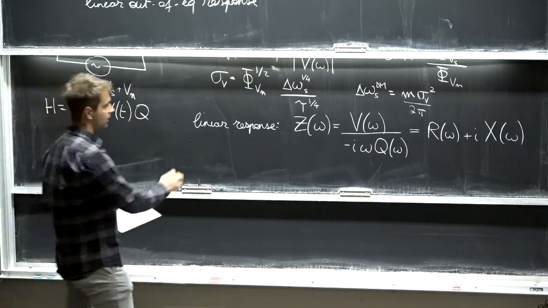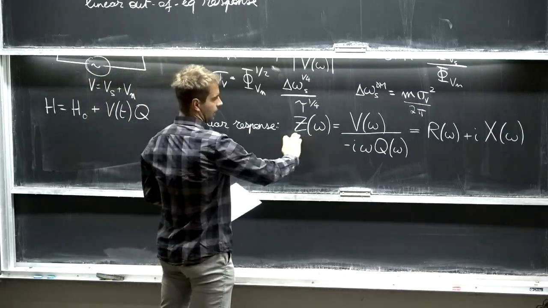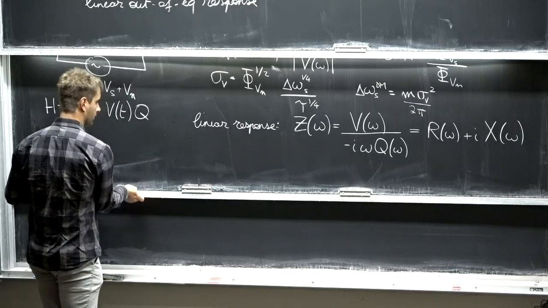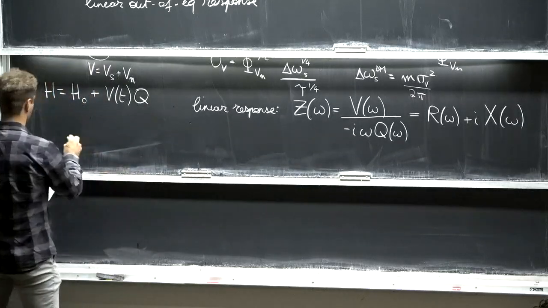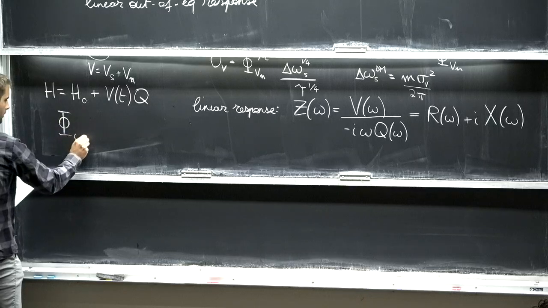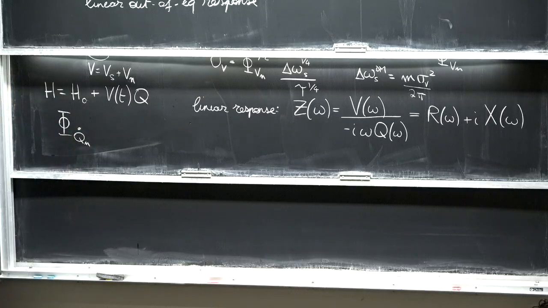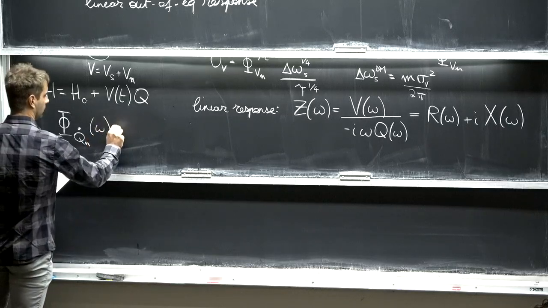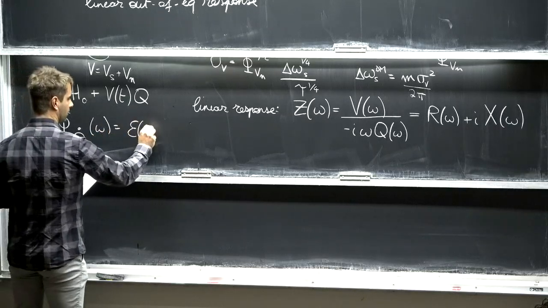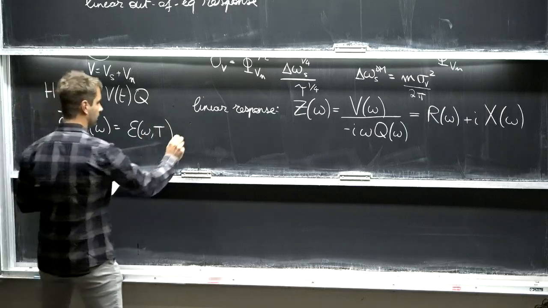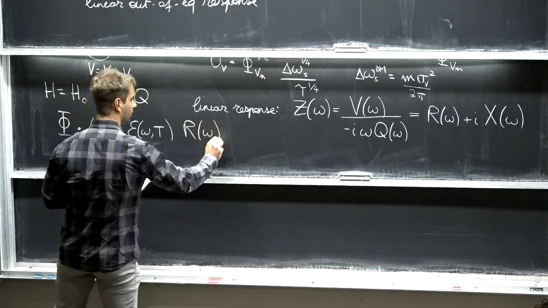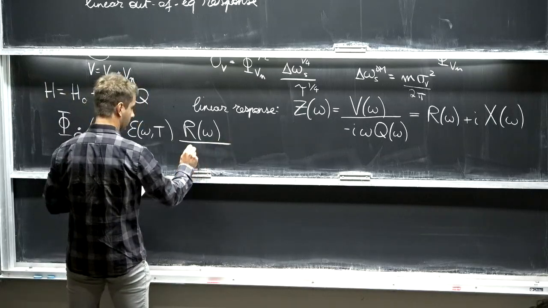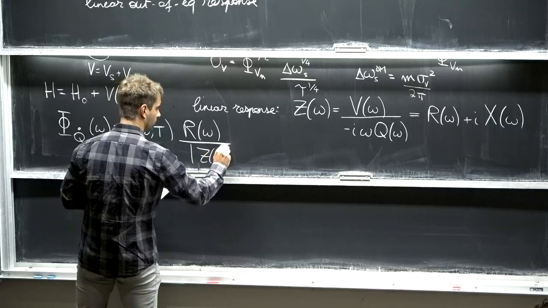Okay, and so if you can quantify how your system responds to some driving force, then the fluctuation dissipation theorem tells you that the power spectrum of the current, right? So Q dot, is some noise energy that I'll tell you in a second, times the real part of this impedance, this effective resistance, over the magnitude of this impedance squared.